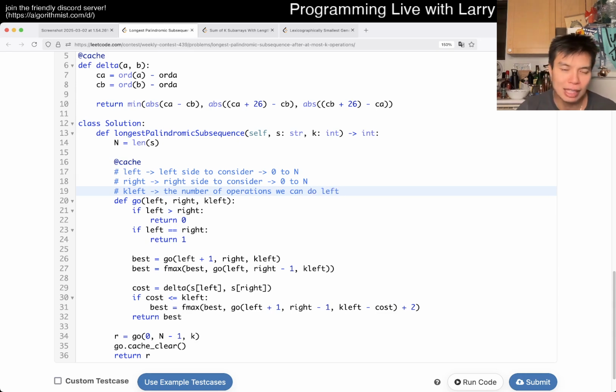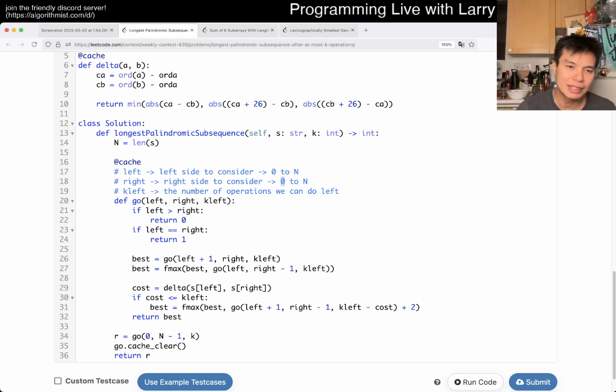This is 200, this is 200, this is 200, so it's going to be 8 million, which is kind of high, but a lot of the states are not possible, maybe half, because right is technically from left to n. So that makes it n squared over 2 or something, so maybe that's fast enough. This problem is very awkward as a result.